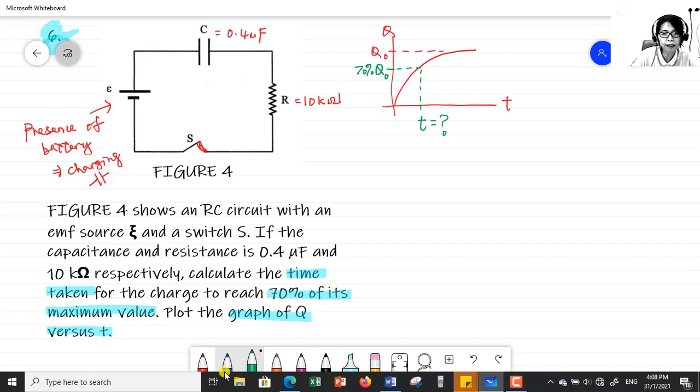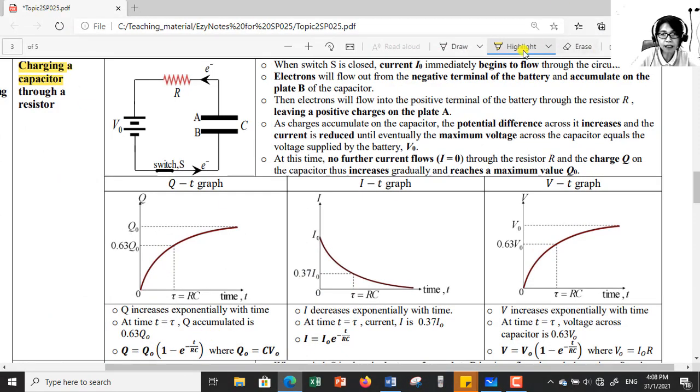We know that this curve can be represented by an equation. If you refer to your lecture notes, this curve you can represent with the equation Q equals Q0 in bracket 1 minus e to the power of negative t over RC, where Q0 is CV0.